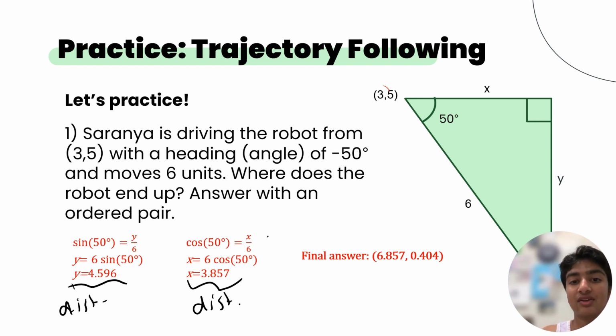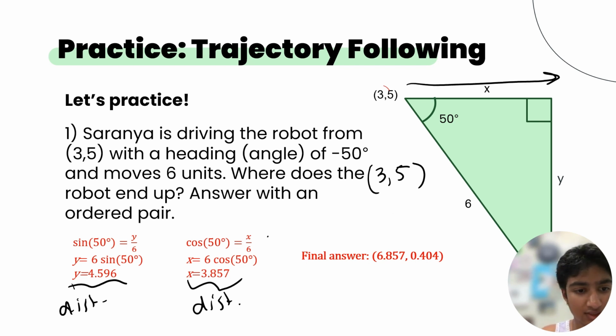But then we need to calculate from 3, 5. So the original x value we have is 3, 5. The original ordered pair we have is 3, 5, and then we moved over, let's see, 3.857 units. So that would be approximately 6.857.